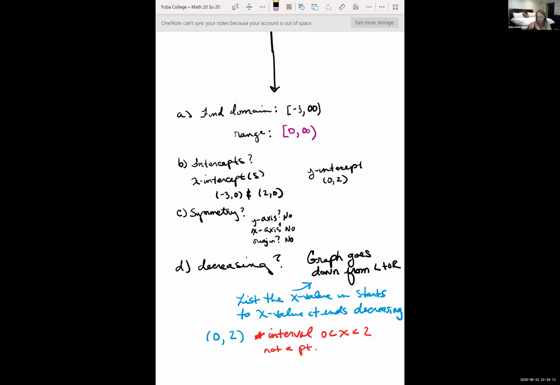So if I'm looking at where is it decreasing, sorry, I just did decreasing, where is it increasing? So if we're looking at where it is increasing, I'm looking at where it is going up if I'm moving from left to right.